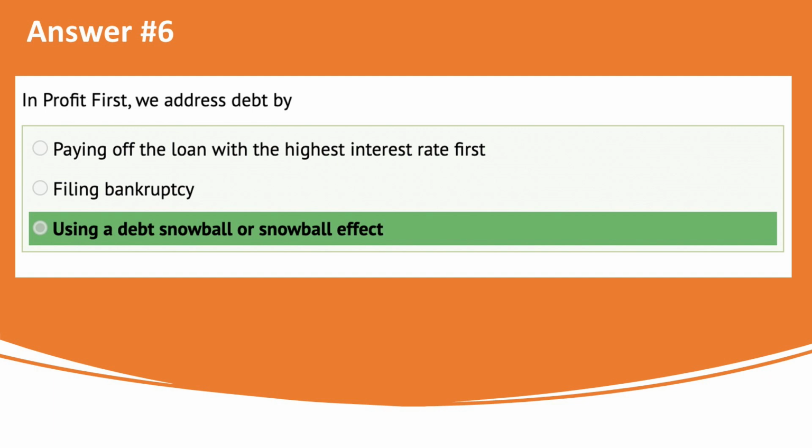The debt snowball, coined by our friend Dave Ramsey, means that you pay the debt with the lowest balance first, using the profit from your profit hold account at the end of the quarter. At the end of each quarter, you go to your profit hold account. If you have business debt, you continue to service the debt.